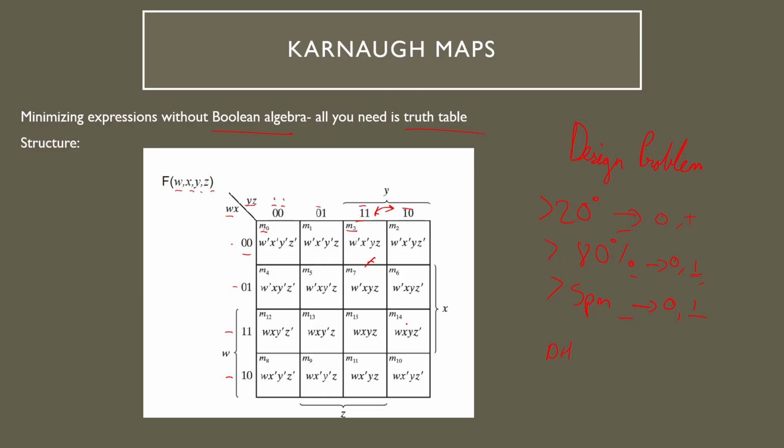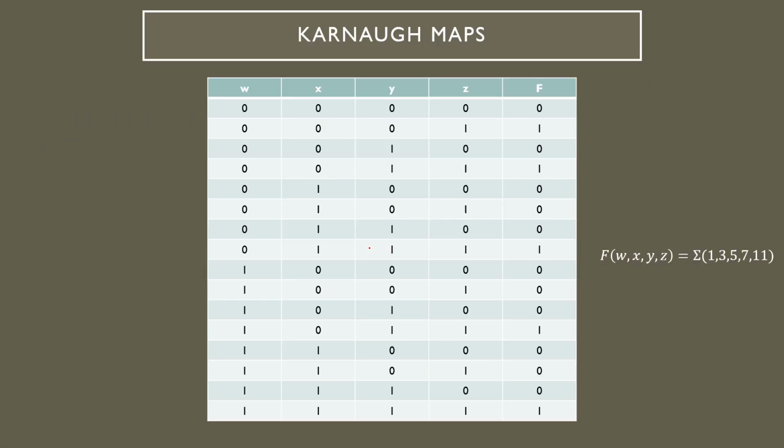Let's pick another one. How about this cell? 1110. Well, this is binary 14, so this is going to be M14 in decimal. And let's try this cell, 1001. This is binary 9, so this is M9. You can fill in the entire grid like this, and now you have the entire blank k-map.